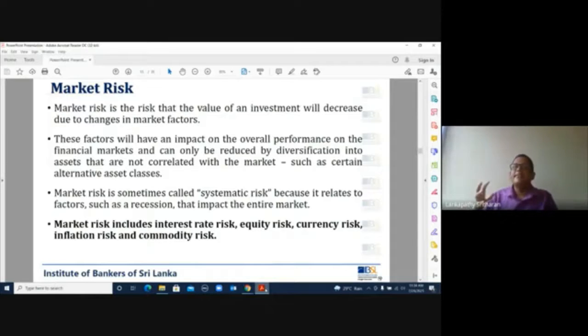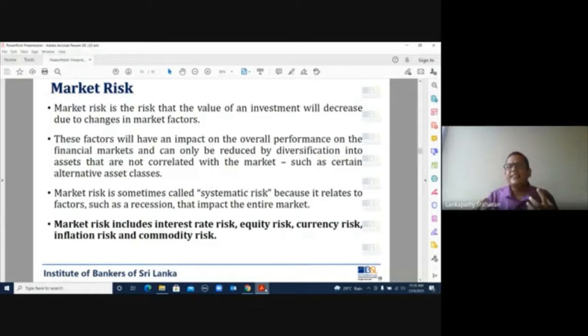The factors are applicable to the entire market. For example, you are granting loans and advances to a particular customer X. If customer X defaults, that will affect only your company, the relationship between your company and customer X. But market risk is not like that.